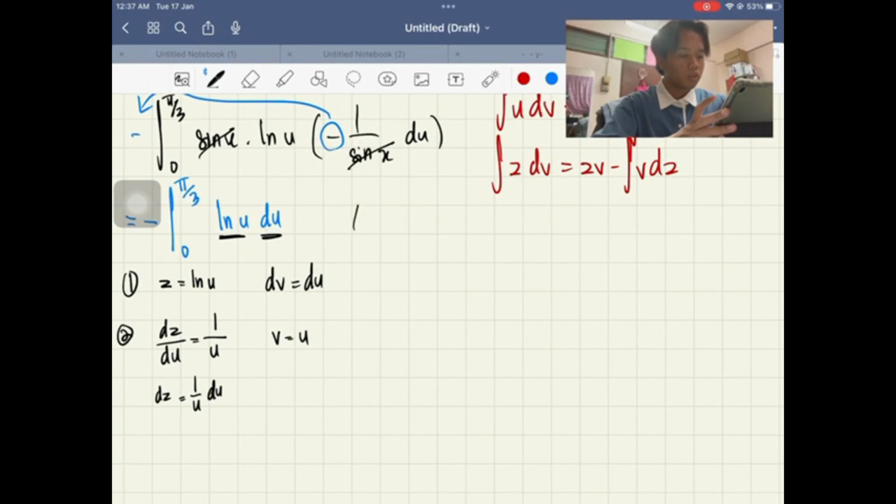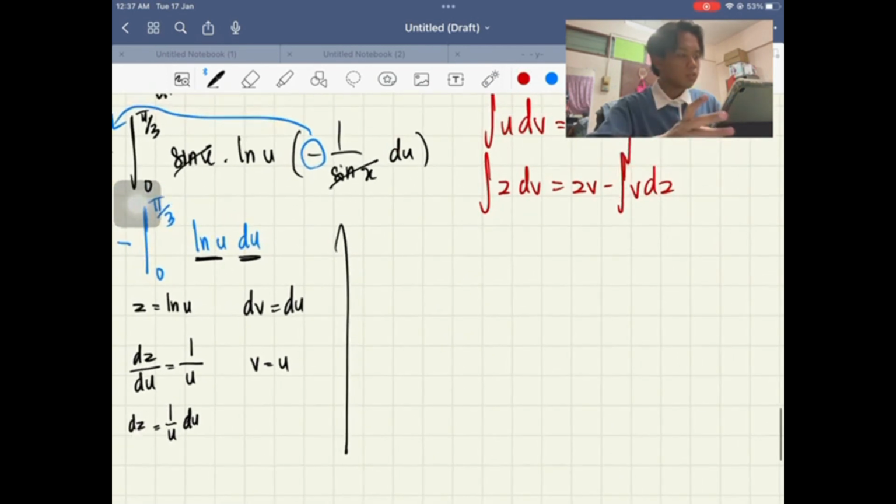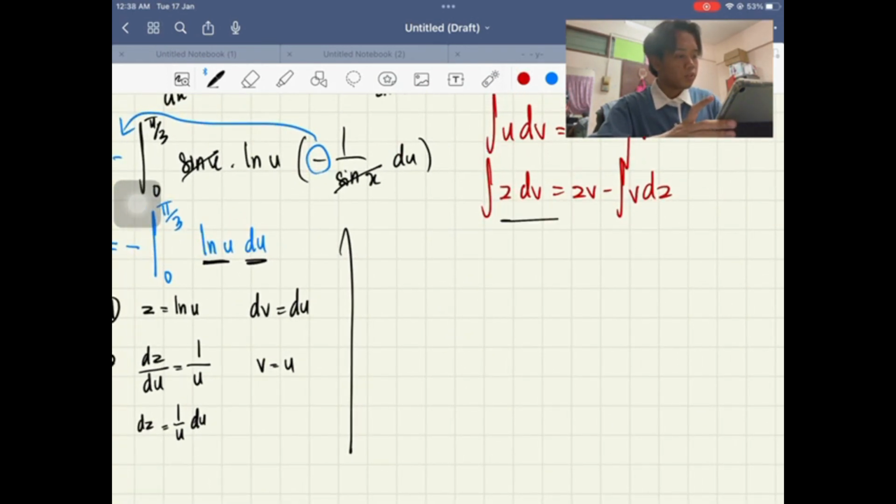So we continue with the formula, which is this one.